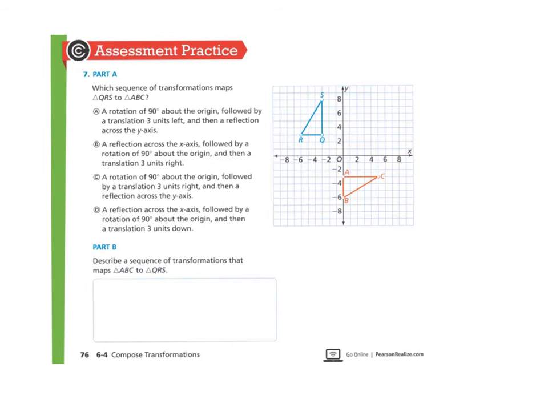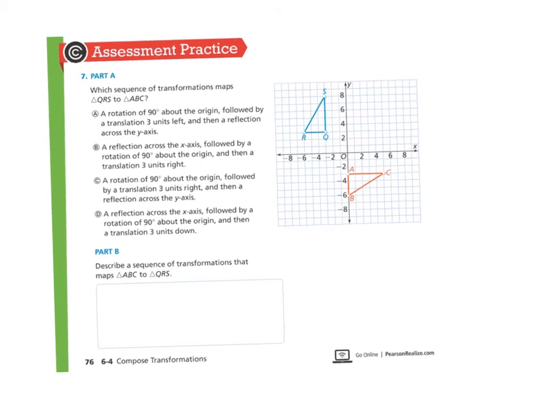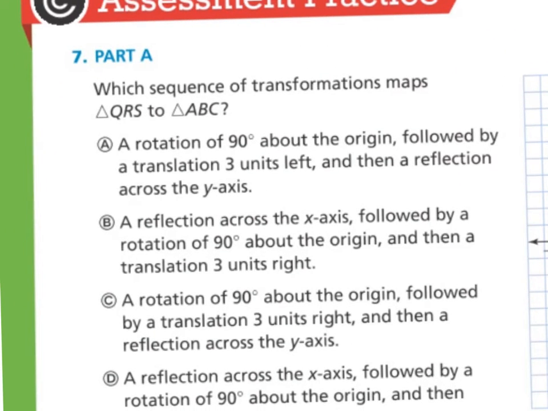Number 7, they're asking which sequence of transformations maps triangle QRS to triangle ABC. So if you look at this one, when they're changing letters on us again here, the Q and the A would match up, for example.